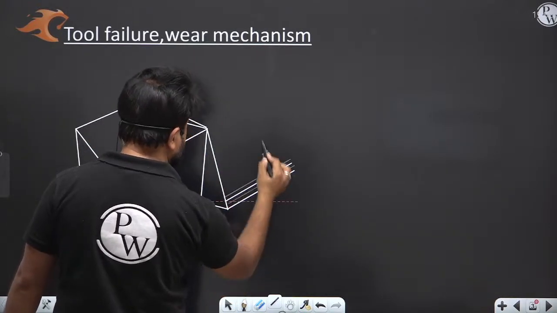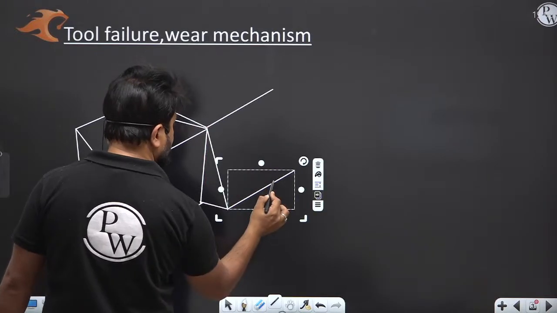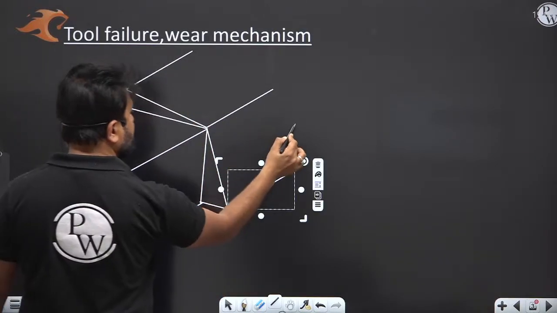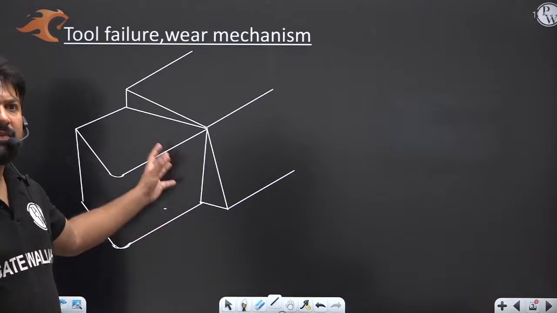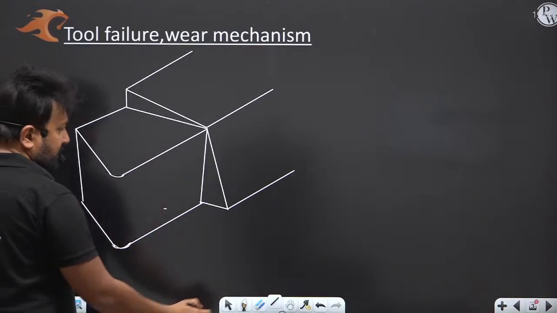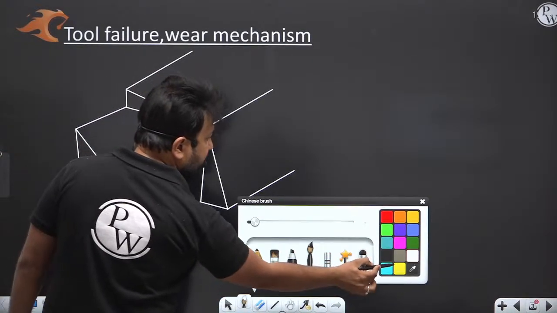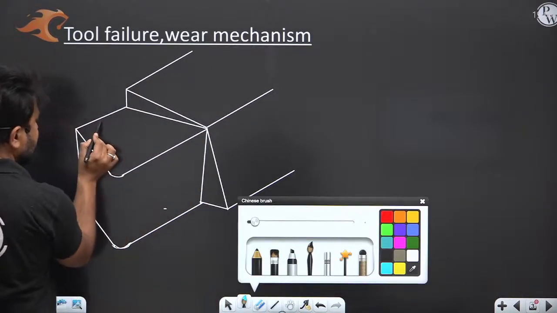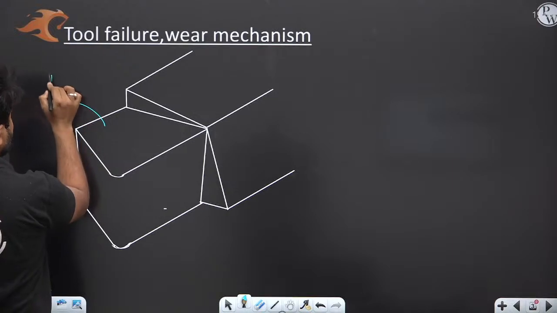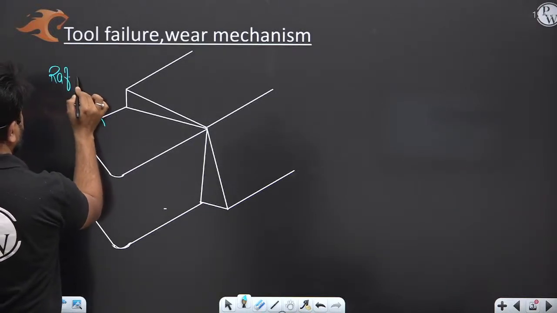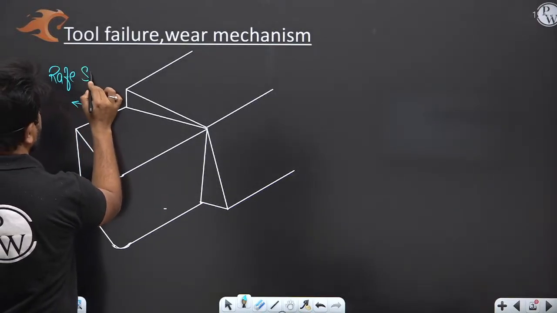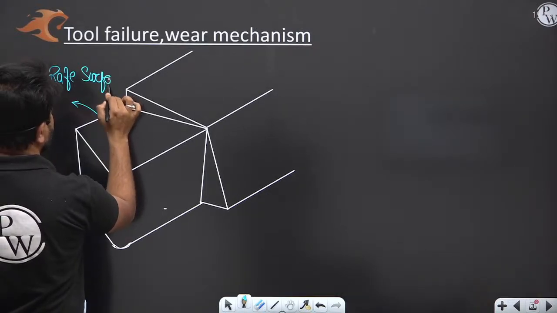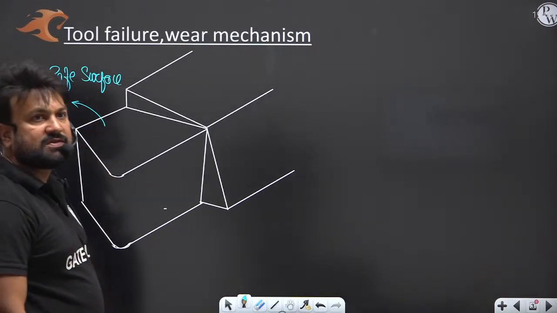Now, as you can see, this is our tool. There will be two types of failure. One will be on the rake surface. My dear, this is the rake surface, or we call it the face.